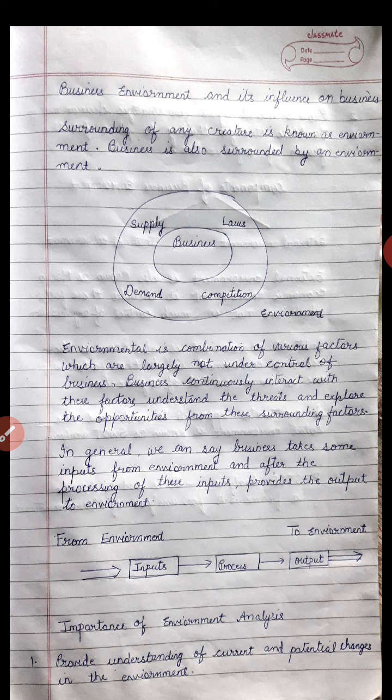This can be understood with the help of a diagram as well: we are taking the inputs from the environment, the business is processing those inputs, those resources, and then whatever we get, that is the output, is provided back to the environment.